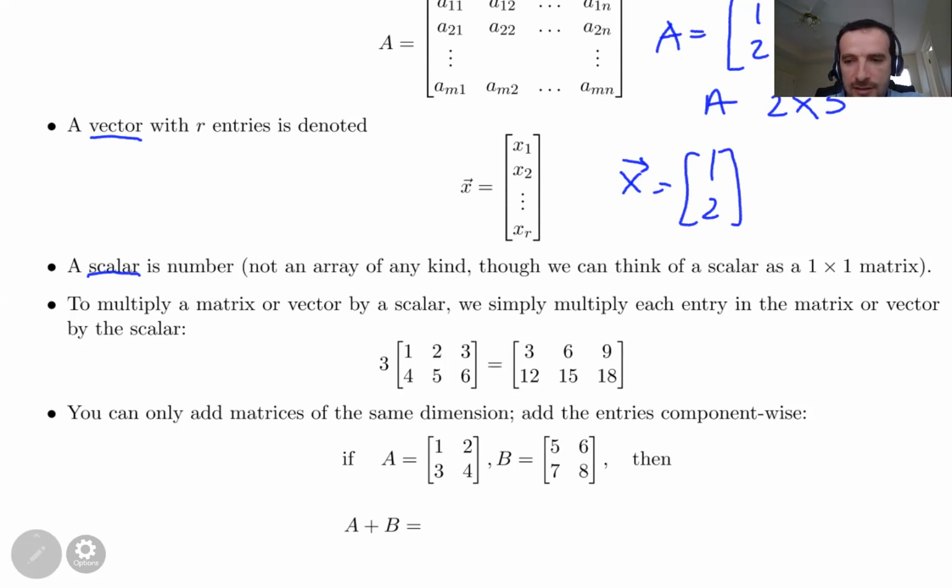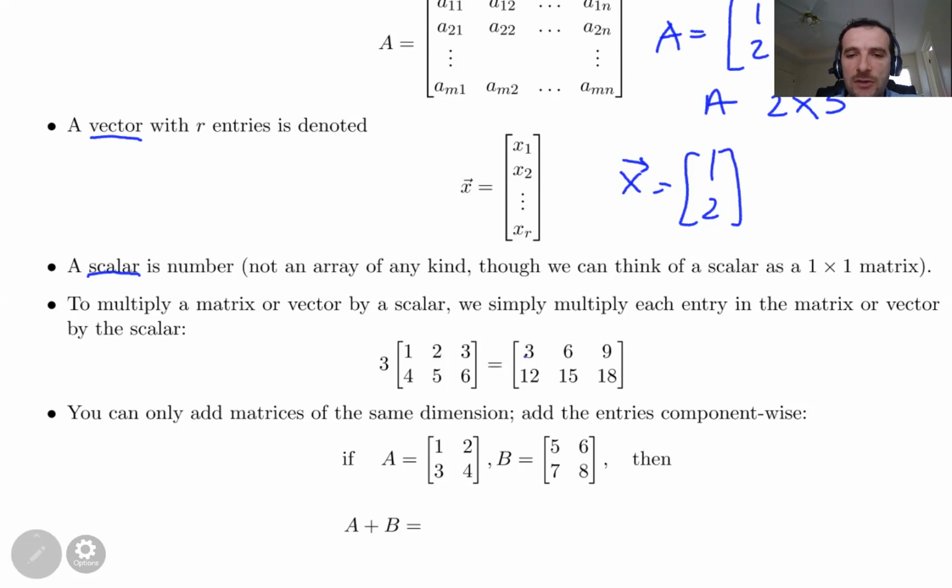And whenever we have matrices, we can have addition, subtraction, multiplication, and scalar multiplication. So first of all, what is scalar multiplication? For example, if you have the matrix 1, 2, 3, 4, 5, 6, and you multiply it by a scalar, you just multiply each number in the matrix by that scalar, okay?